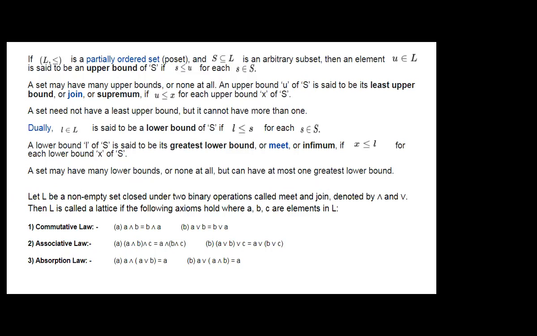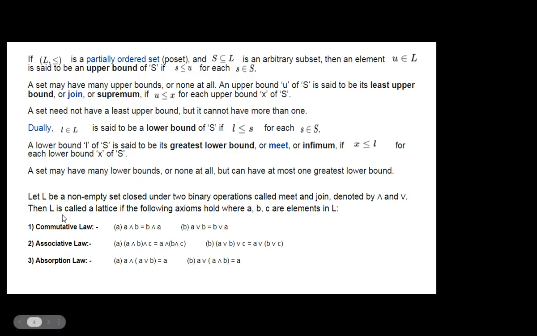Let L be a non-empty set closed under two binary operations called meet and join, denoted by these symbols. Meet is denoted by this one and join is denoted by this one.